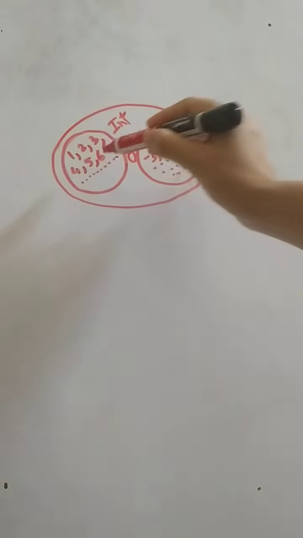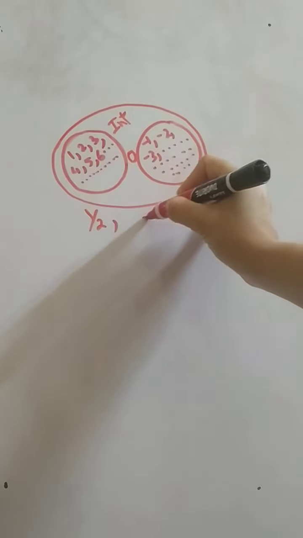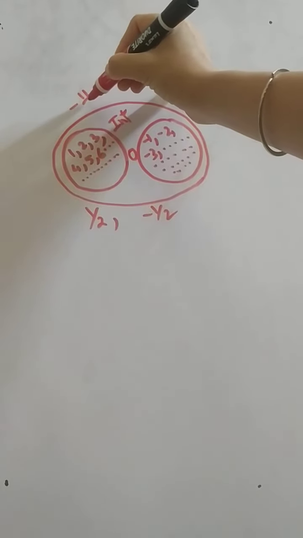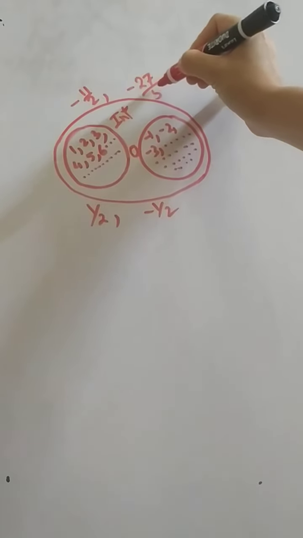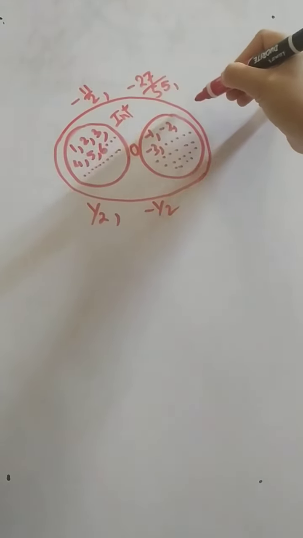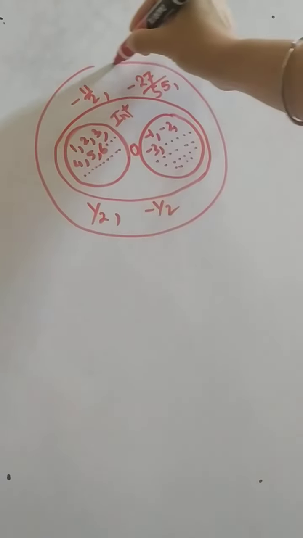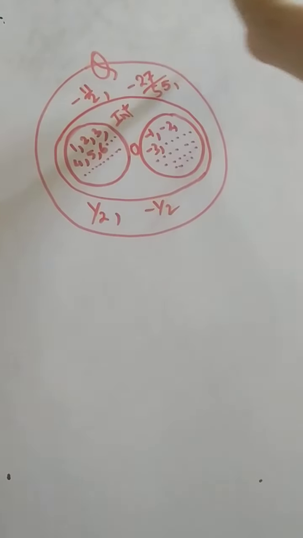Now remember, then we studied the rational numbers. All these are rational numbers. Along with these, half, minus half, anything of this form, suppose -11/2, -27/55, all these live in another space or circle that is denoted by Q and called the set of rational numbers.